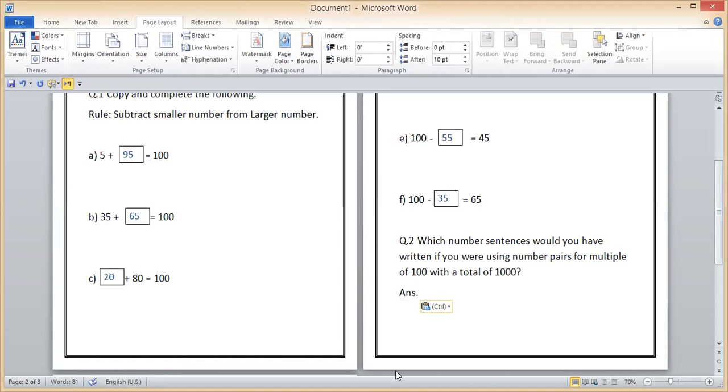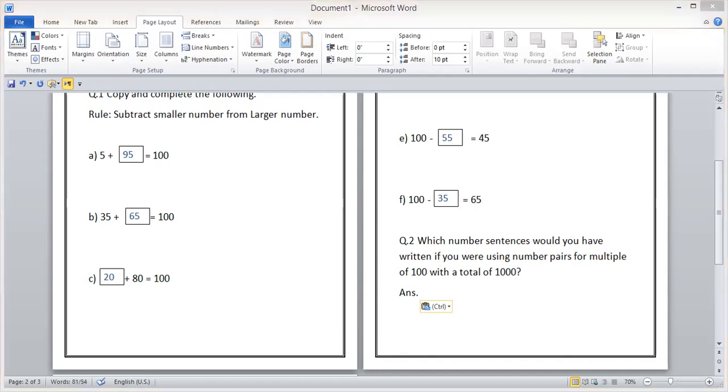Here, what we will have to do, guys, is make a pair with the multiples of 100 to make a total of 1000. So I will write the multiples of 100 first. Start counting from 0 and add hundreds.